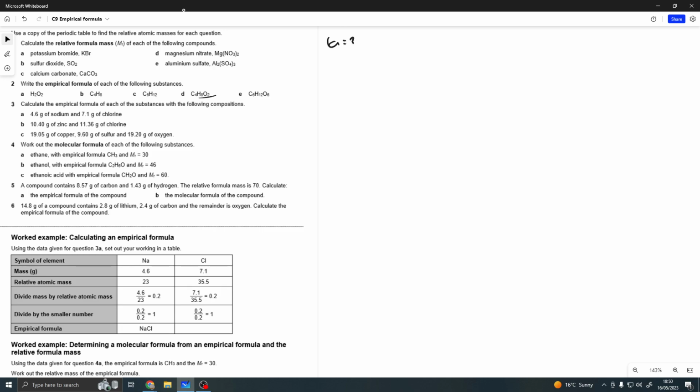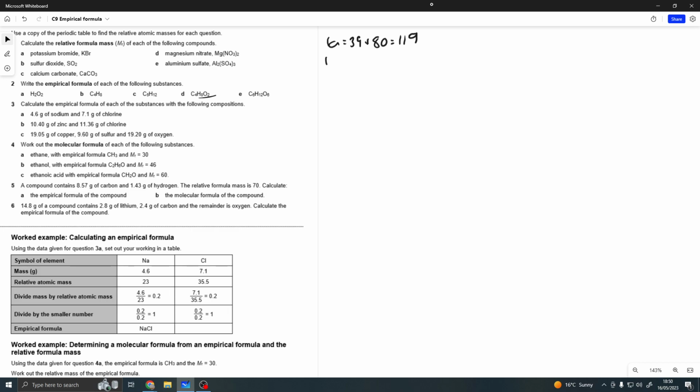K is 39 plus Br, which is 80, straight off the periodic table. Now, that makes 39 plus 80, which is 119. There we go. Now, B and C I did earlier, on the previous page, so I'm not gonna cover those again.